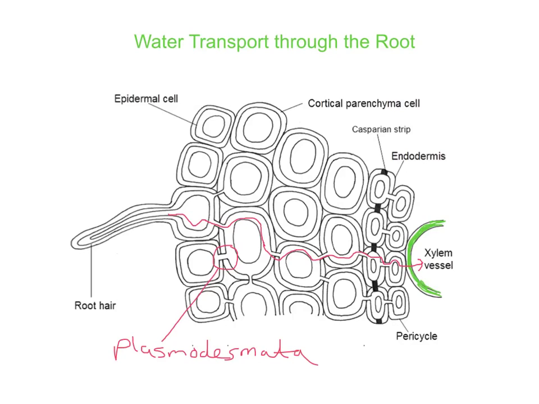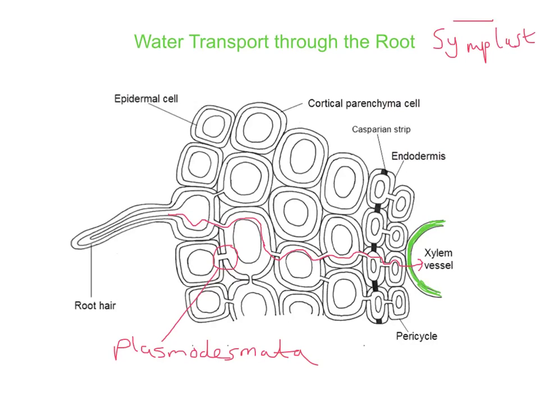And it's, as I've said, a small channel in the cell walls of neighbouring cells. So what I've drawn in red here is known as, so we'll put a bit of a key at the top, red is what's called the Symplast Pathway.